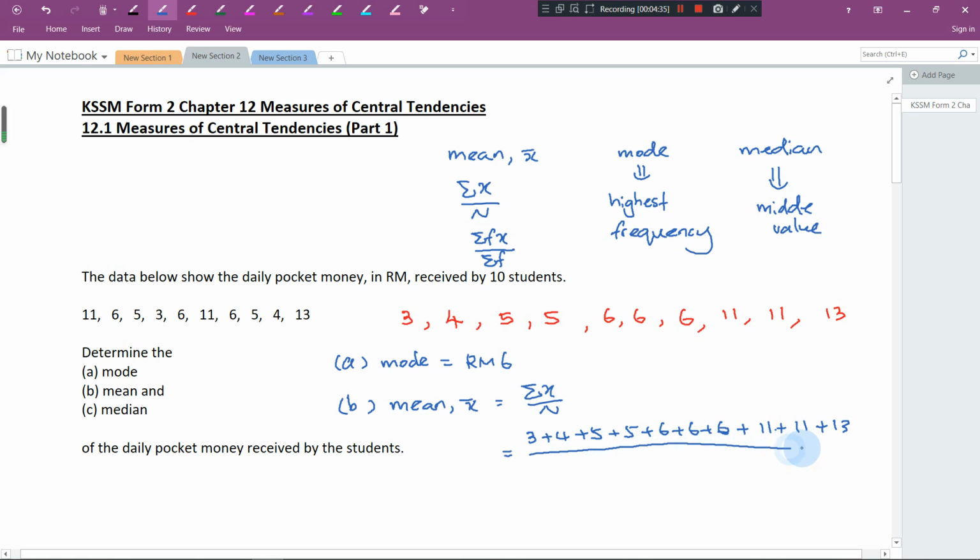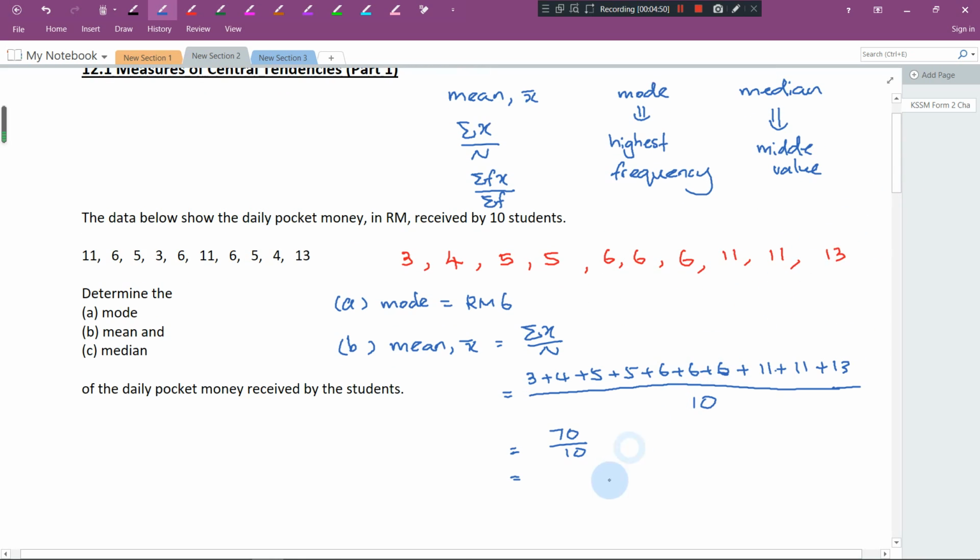So the number of data will be 10. Just use your calculator to help you. When all this adds up together, you should be able to get 70 divided by 10. So our answer, the mean is RM 7. Okay, this is the answer for mode, and this is the answer for mean.